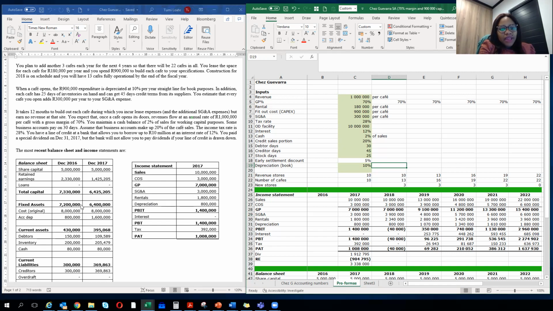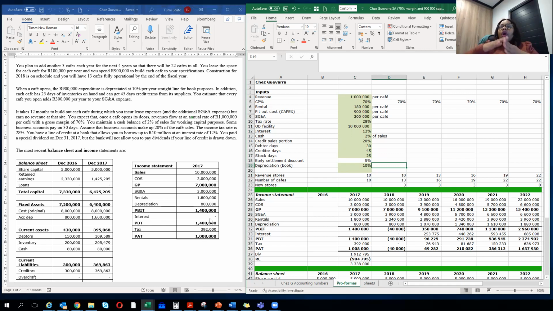And if you look into the balance sheet, we had retained earnings of 2330 and retained earnings of 1425. So currently, as it stands, your cafes are earning a bit of money and profits for you. You're earning a profit of around 1 million, let's say, just for these 10 stores.